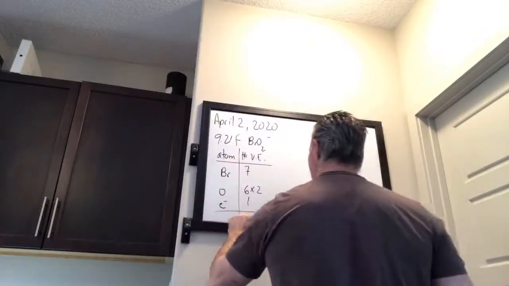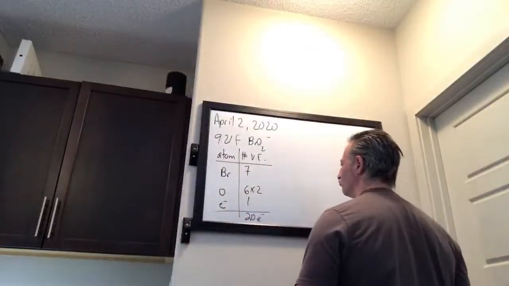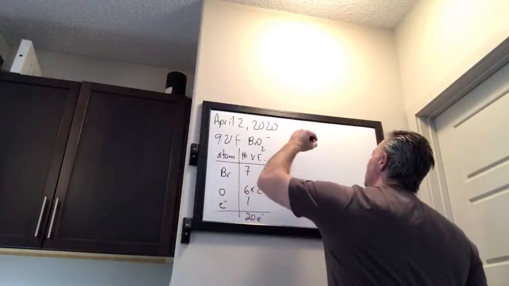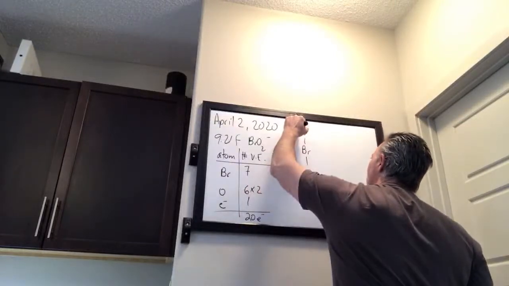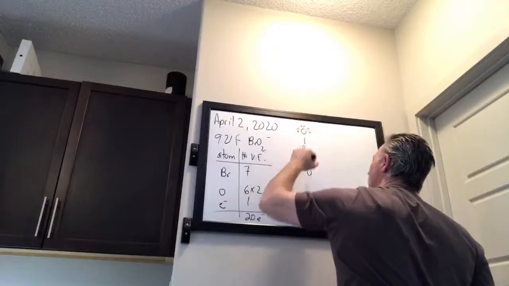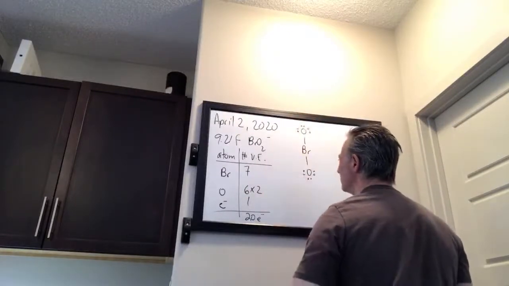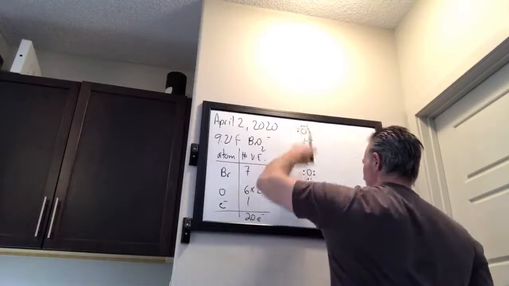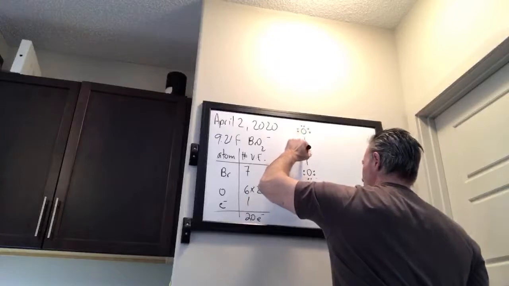20 electrons have to be accounted for in bromite. This is what you're going to get. That uses up 12, 14, 16, 18, 20.